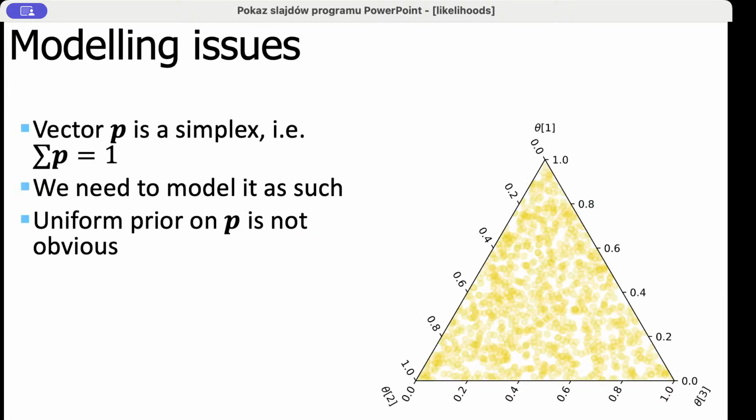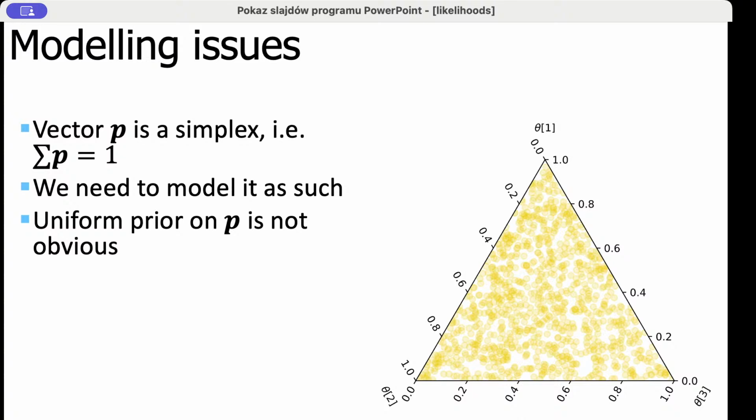There are certain issues of modeling the probability in the multinomial distribution. First of all, instead of a probability of an event, as we had in the binomial or Bernoulli distribution, we now have a vector of possible probabilities of a given candidate winning.